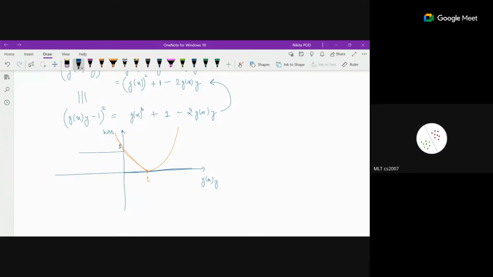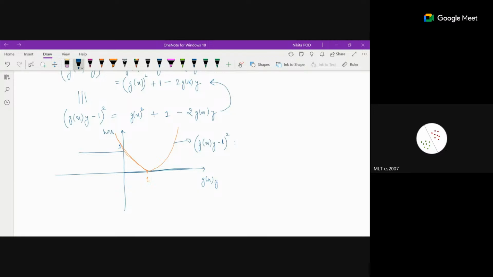Okay. So this loss is (g(x)y - 1) whole square, and this is my original 0-1 loss. This loss, we can also call the regression loss or squared loss.